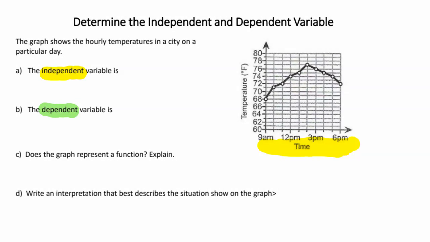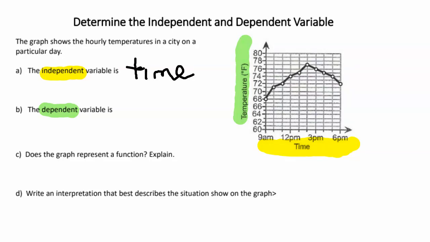That's the horizontal axis. And as you saw, the dependent is the vertical axis. They gave me the graph with what I needed.